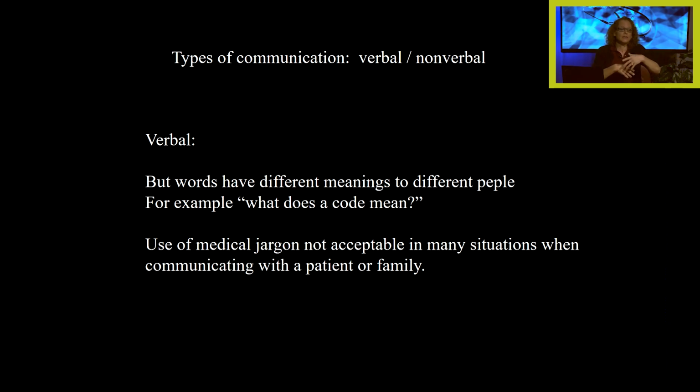Now, in medical circles, a code means a code blue, that the patient stopped breathing and that we need the crash cart and we need the rapid response team. An 8-year-old might think that a code means a secret code that they're doing with their friends. So code can mean different things in different situations.